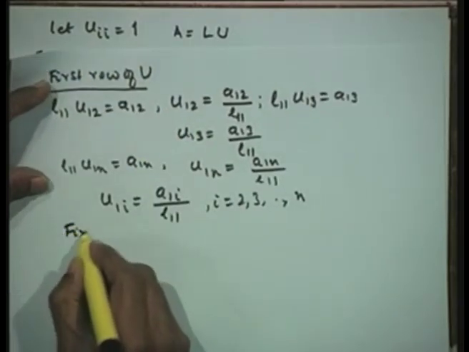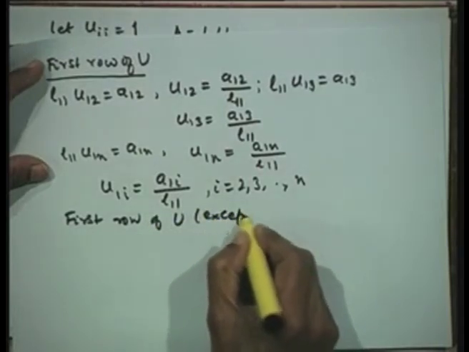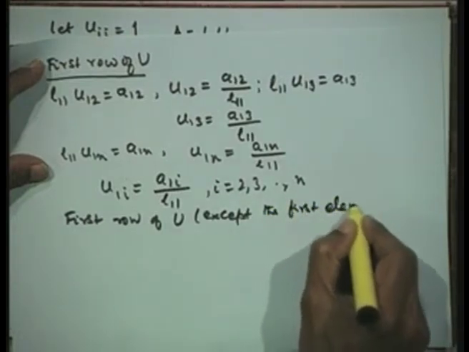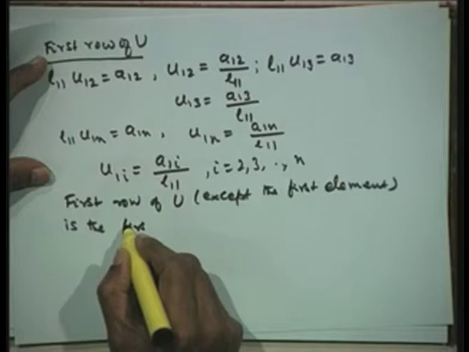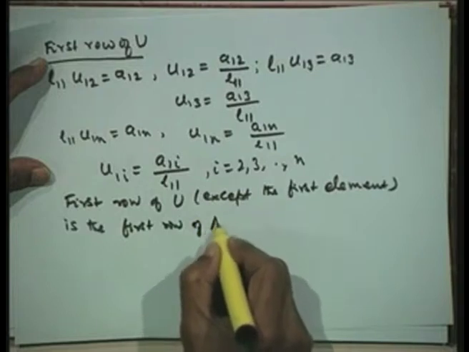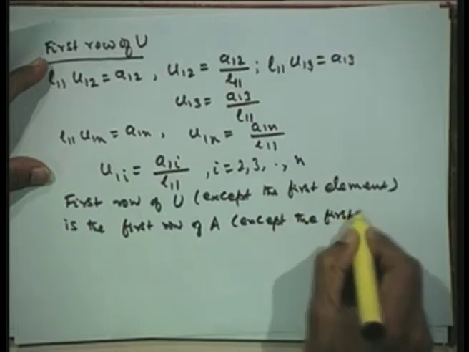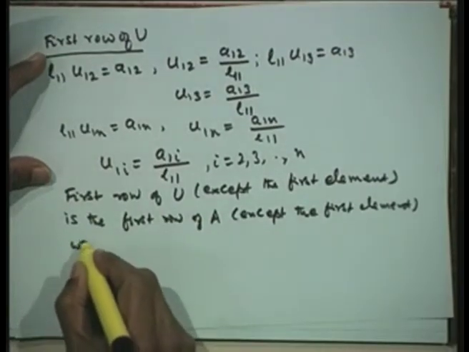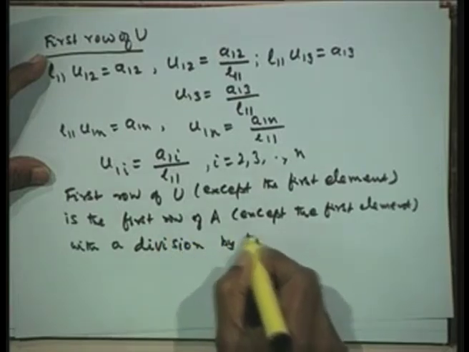Therefore, we can state here that the first row of U, except the first element, is the first row of A, again except the first element, with a division by the first pivot.